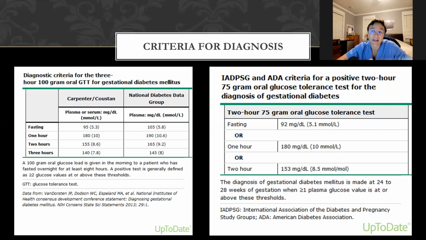hemoglobin A1C, right? Hemoglobin A1C will tell you what was the average blood sugar in the patient over the course of 3 months, right? Because the lifespan of the red blood cells is 3 months. Therefore, glycosylated hemoglobin is like fingerprints.